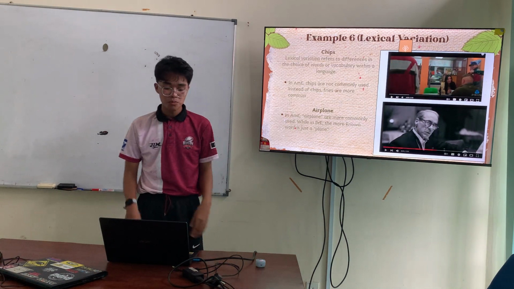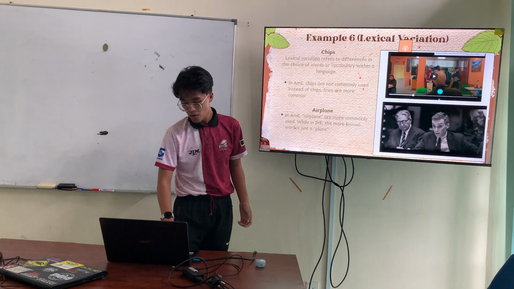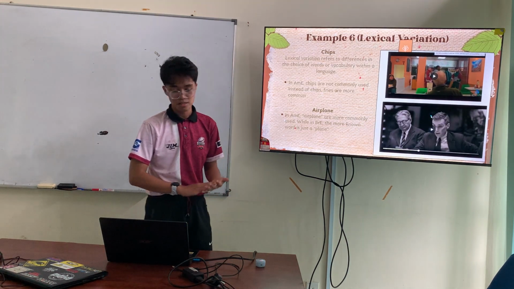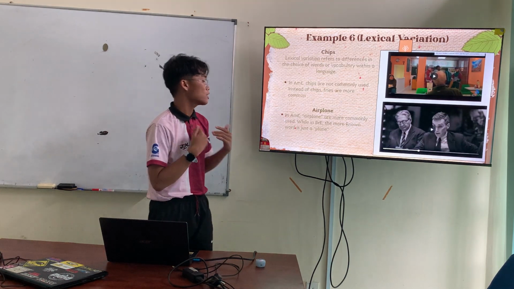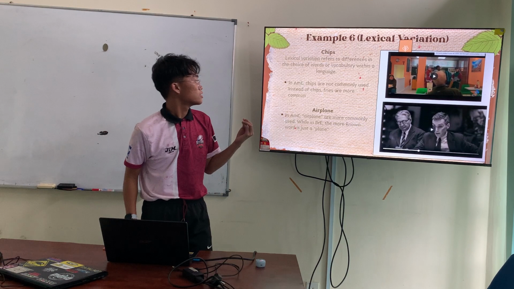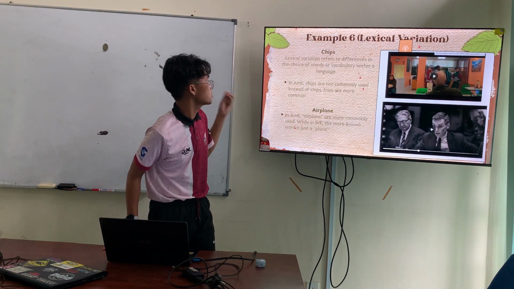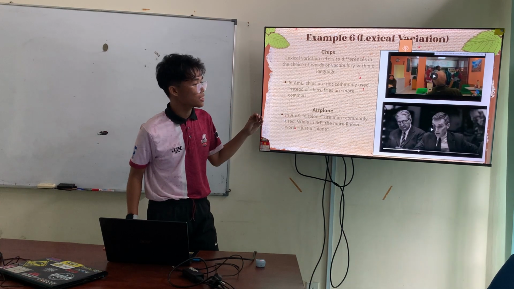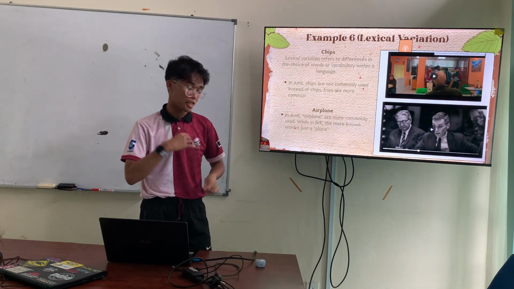Okay, so now we move on to example 6, which falls under the category of lexical variation. Basically, lexical variation is just how two different language varieties, American English and British English, use a particular word that refers to the same thing.